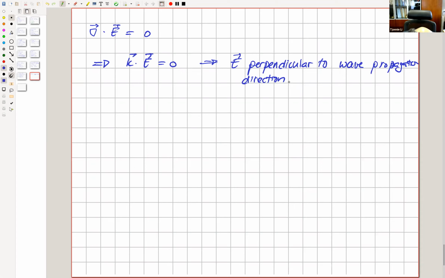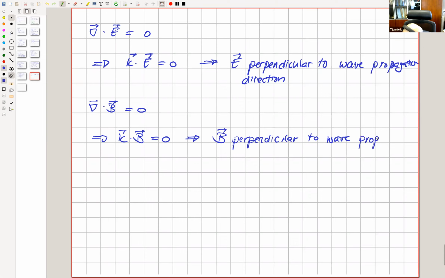Similarly, we know that the divergence of B is also 0. And here we have k dotted with B equals 0. So also B is perpendicular to the wave propagation direction.